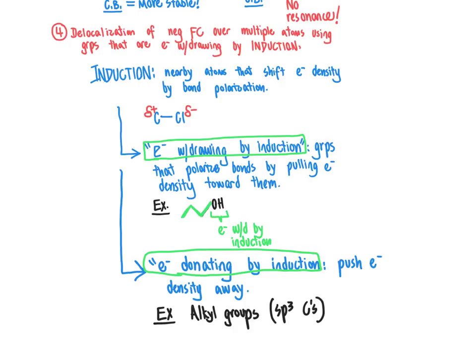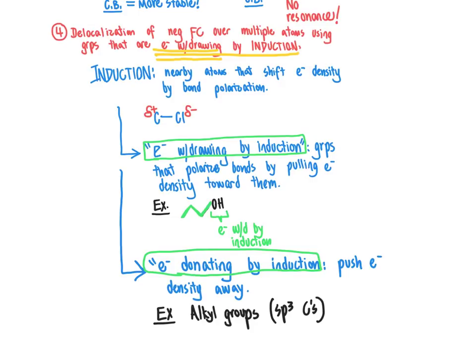In order to share or delocalize that negative formal charge, we need groups that are going to withdraw electrons by induction. In other words, we need groups that are going to pull electron density toward themselves and away from the rest of the molecule. Because if we have a negative formal charge somewhere in the molecule, in order to help share that negative formal charge, we want to pull it away from where it starts and pull it to somewhere else in the molecule. Induction is that bond polarization that allows that to happen to some extent.